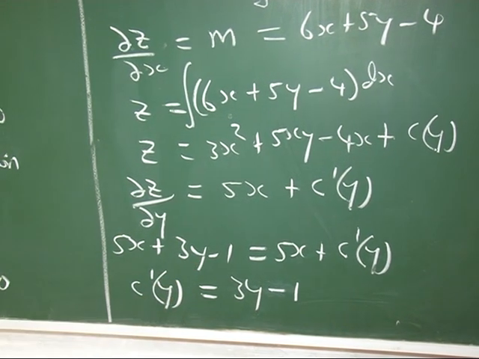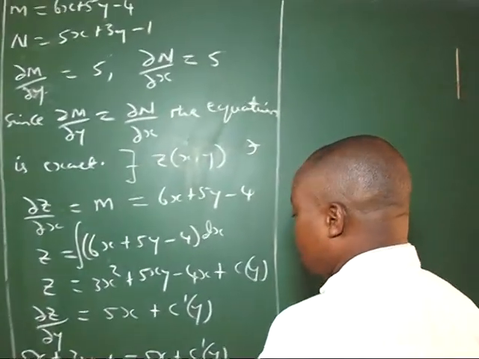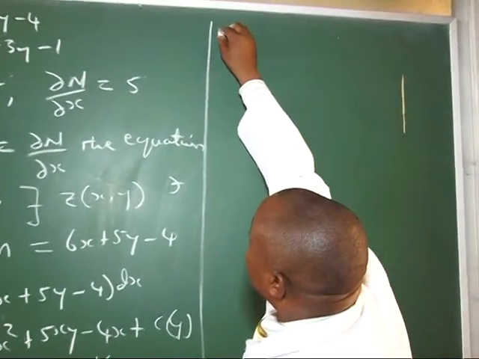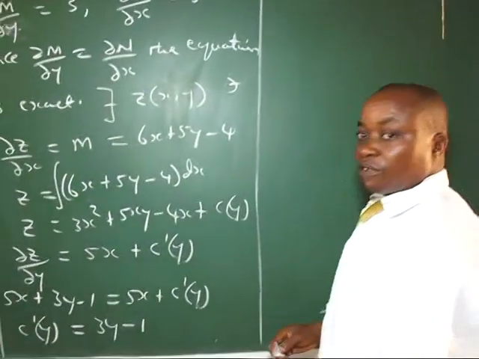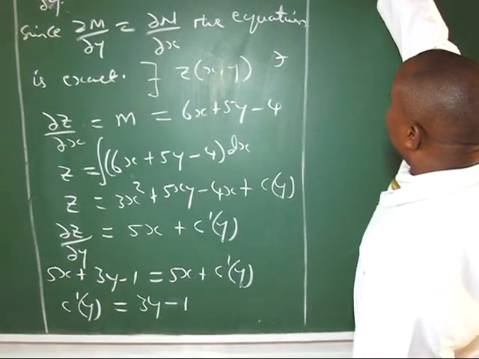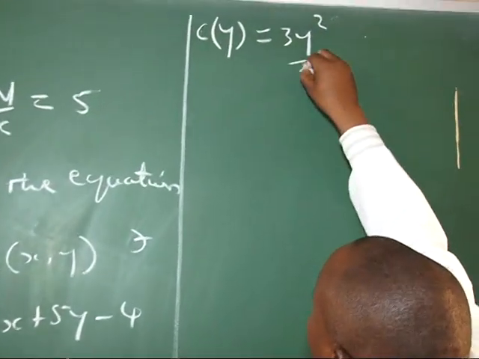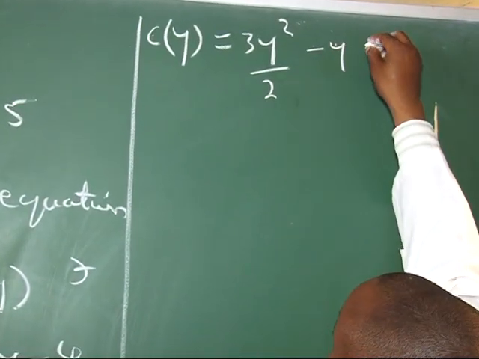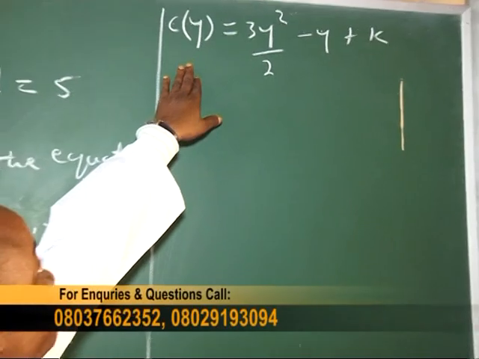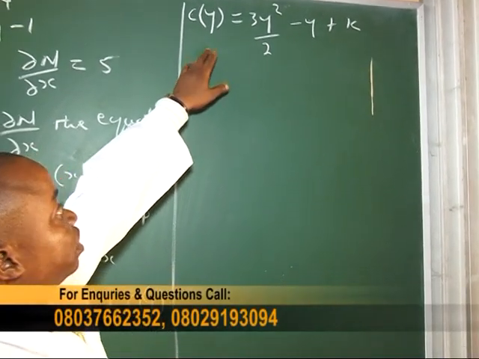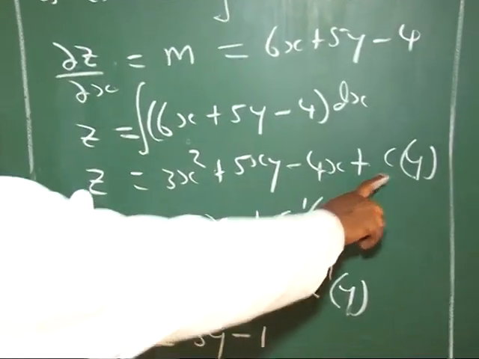The next thing is to integrate this with respect to y. Since this is c prime of y, if I integrate it, I have c of y equal to 3y squared all over 2 minus y plus k, another constant. This is the value of c of y. So I go back to my z and substitute the value of c of y.